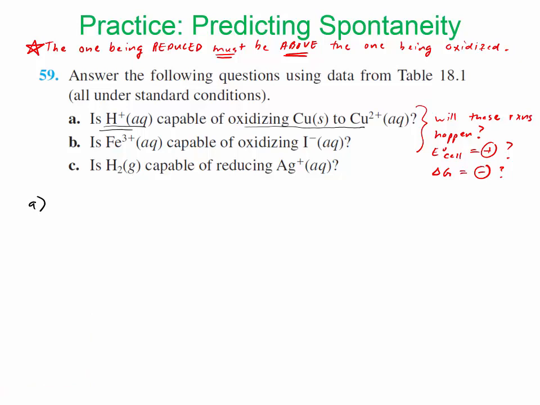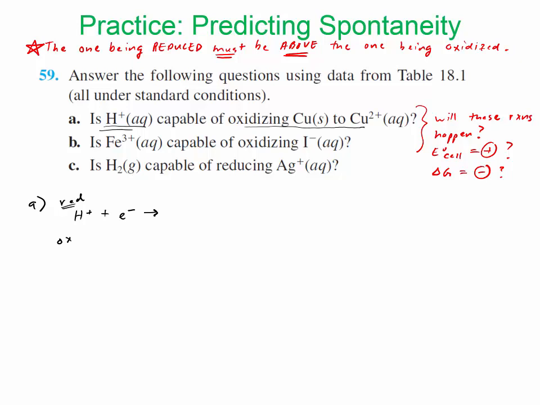So in part A, we're going to write little half reactions and then find them on the SRP table. The reduction is H plus, and remember, in reduction we have electrons on the reactant side, so we're going to have H plus with some electrons, and that's really all we need to write out.